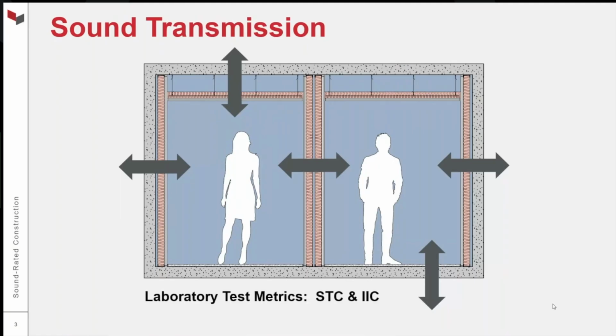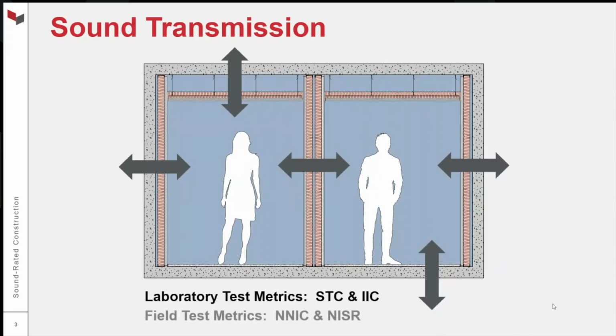The laboratory metrics that we use most commonly for sound transmission are STC, or sound transmission class, and IIC, or impact insulation class. STC is a measure of airborne sound transmission. IIC is a measure of impact sound transmission. So imagine footfall through a floor ceiling assembly.